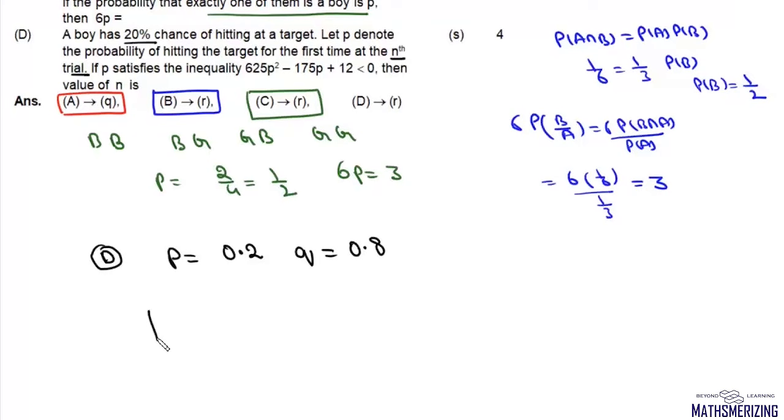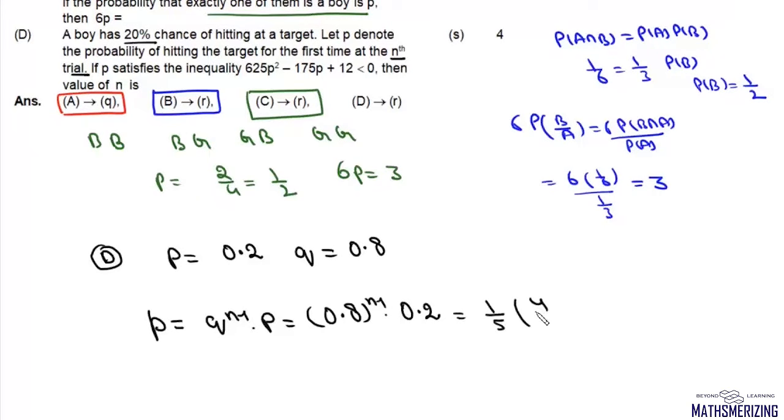So now this probability p of hitting the target for the first time at the nth trial is q to the power n minus 1 into p, which is 0.8 to the power n minus 1 into 0.2. Or we can write this as 1 by 5 into (4 by 5) to the power n minus 1.